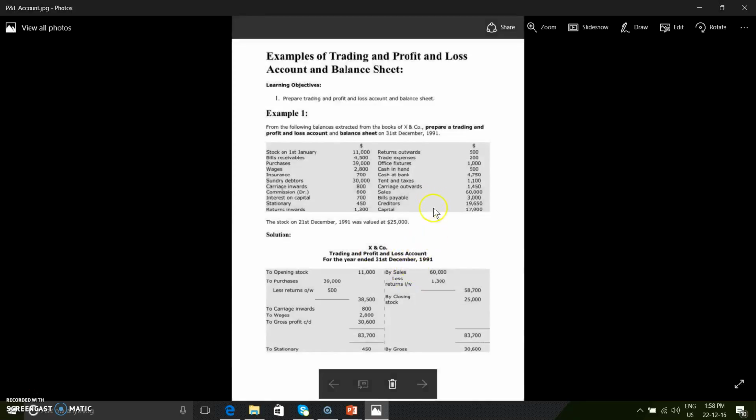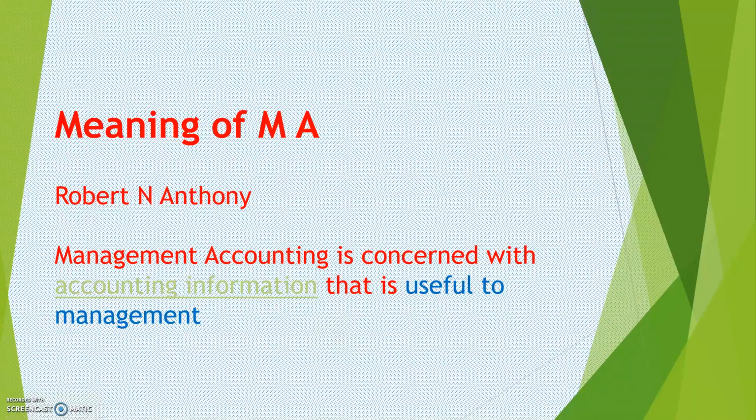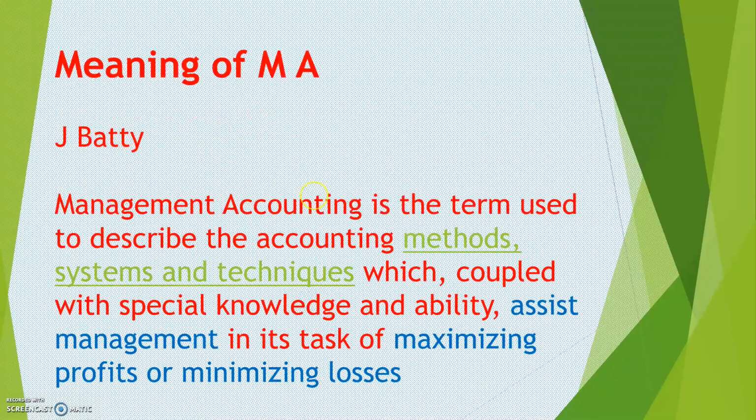This is how we get accounting information like trading and profit and loss account, balance sheet, etc., and this information is given by financial accounting people. So such information which is useful to management is called management accounting as per Robert and Anthony.